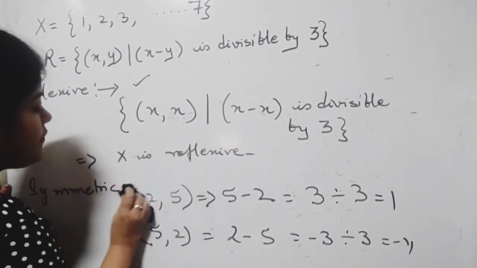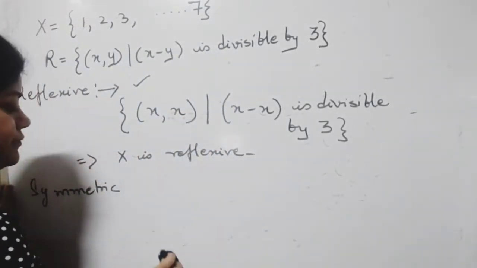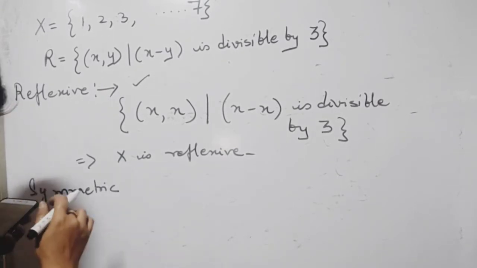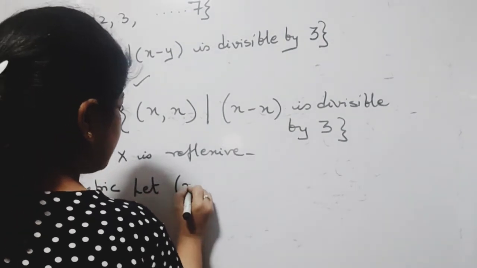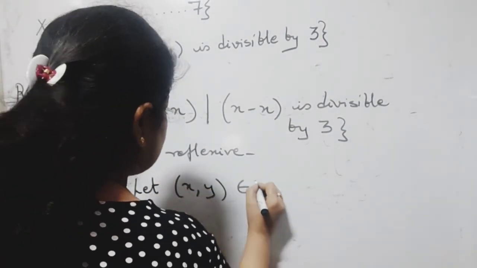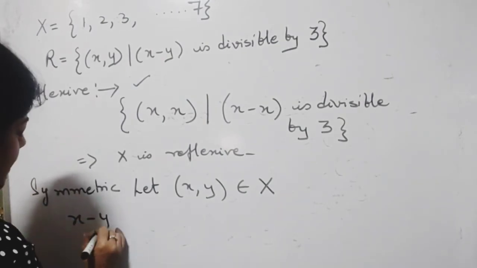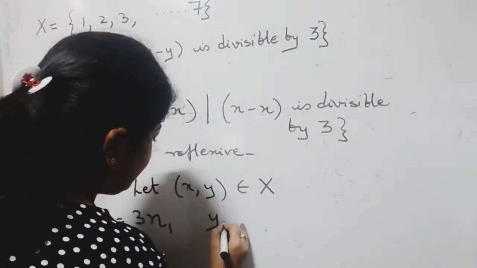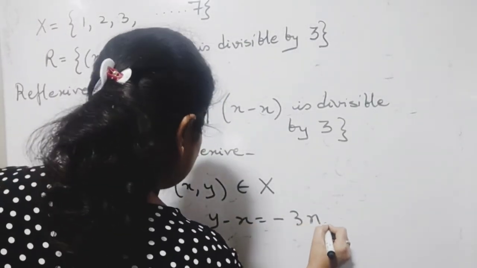Now, in what way will you write this concept? You write it this way: let x comma y belong to the relation, then x minus y is equal to, let it be, 3n1, and y minus x, let it be minus 3n1.